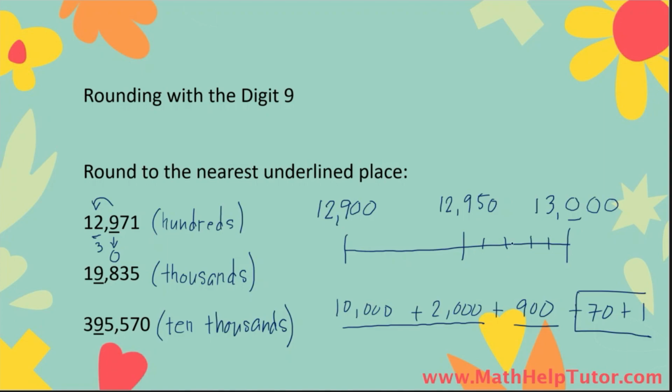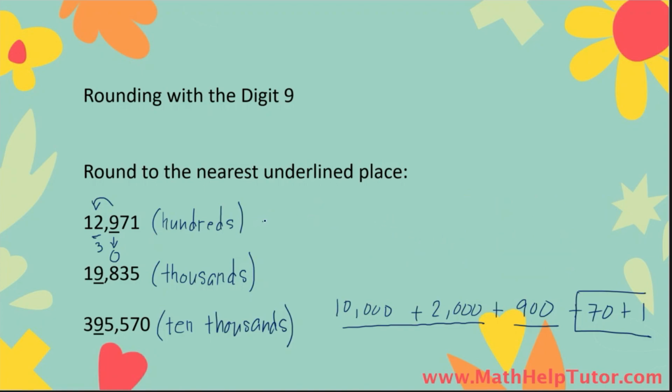Our number has to be between 970 and 980, so it's somewhere here. This is our number, 12,971. As you can see, since our number is larger than 12,950, we know that our number is nearer 13,000. So the answer to this question is 13,000.